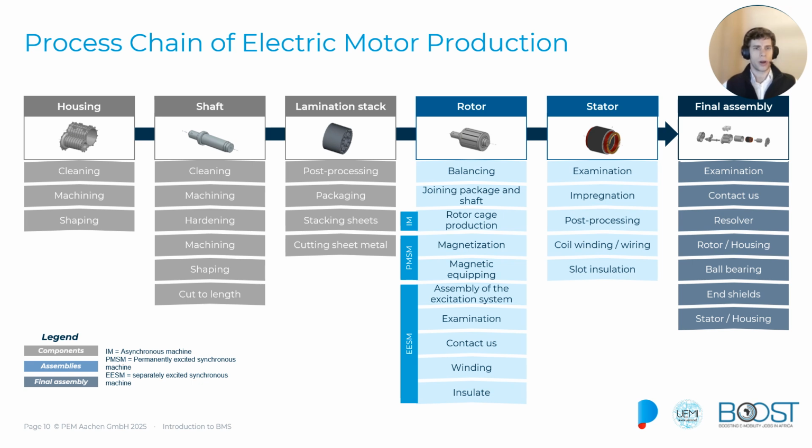Due to their individual function principle and the individual parts and materials used, the production process for each technology is different, or let's say it better, the production process for each rotor package is different.